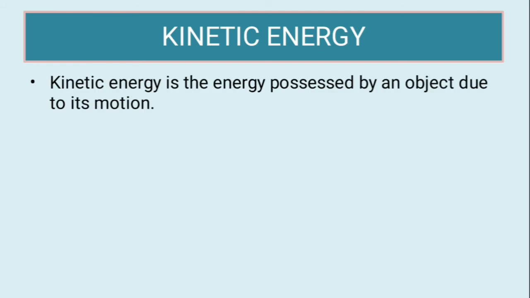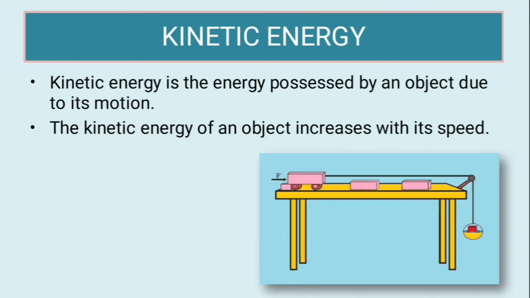Let us see kinetic energy. Kinetic energy is the energy possessed by an object due to its motion. So whenever there is a motion, you can say that it possesses kinetic energy. The kinetic energy of an object increases with its speed.